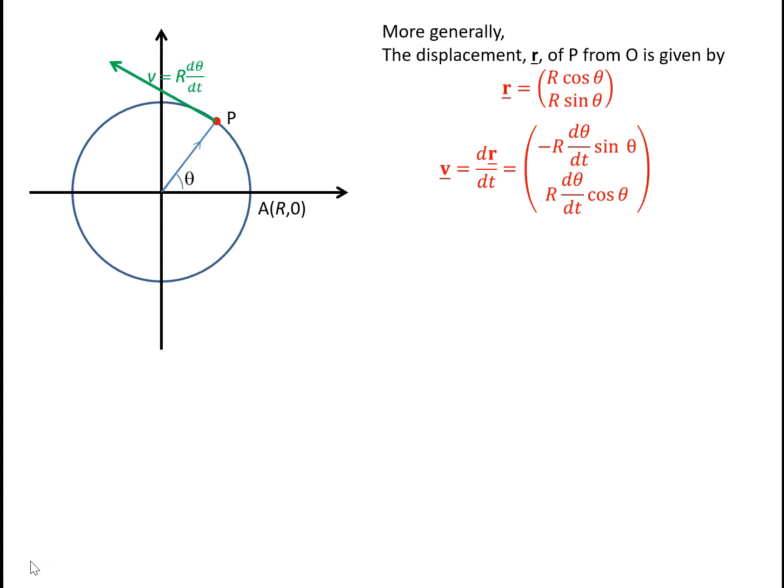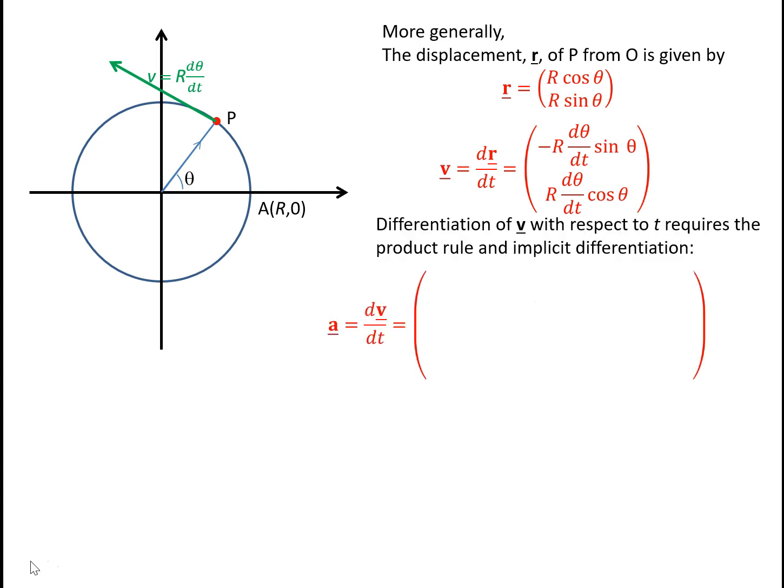So if we want to find the acceleration, we need to find dv/dt. Now, to differentiate the x component of the velocity, we've got to differentiate minus r dθ/dt sin θ. And we've got a product there.